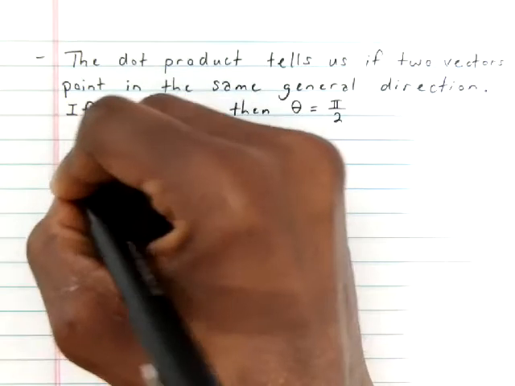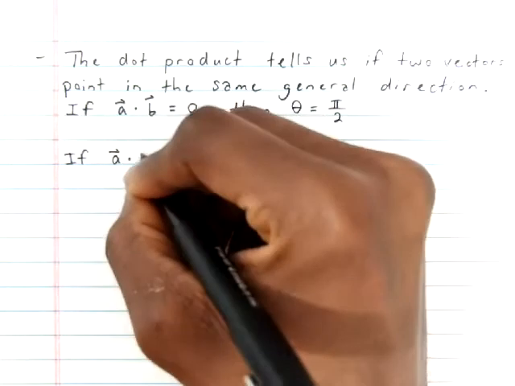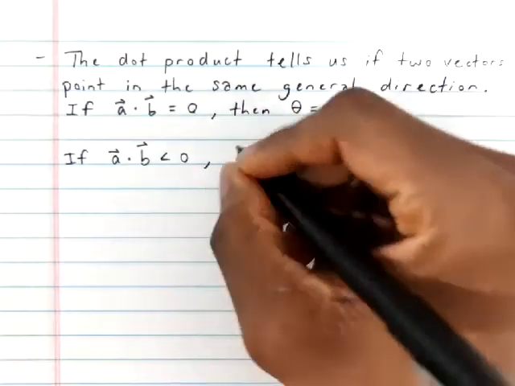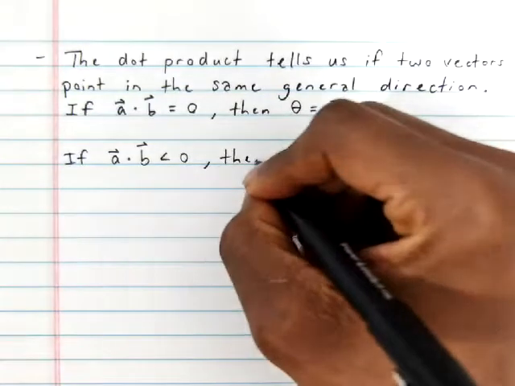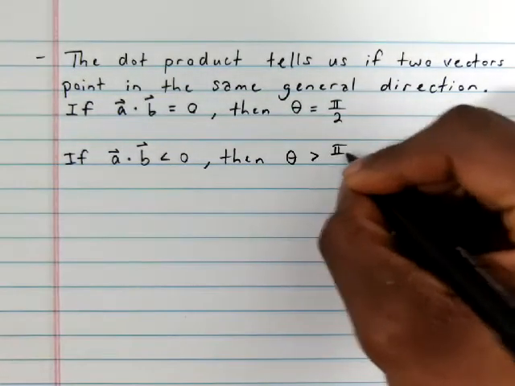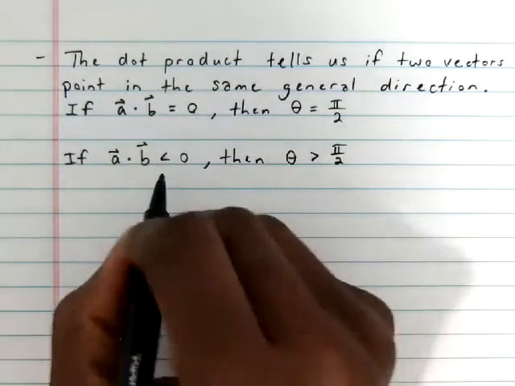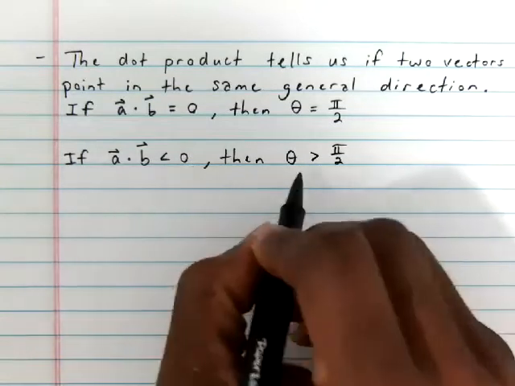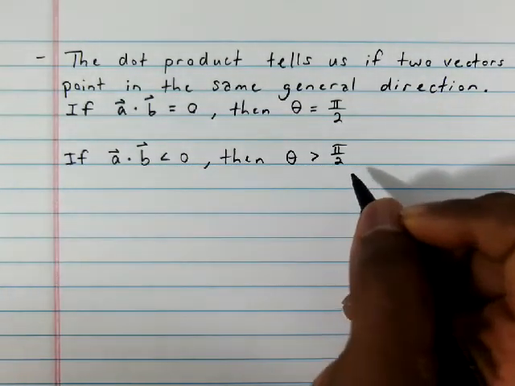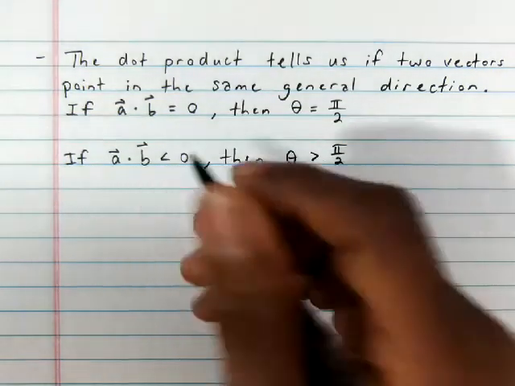If A dot B is less than 0, then theta is greater than pi over 2. So if the dot product is less than 0, then the angle between the two vectors is greater than 90 degrees. So we say they kind of don't point in the same general direction if the dot product is negative.